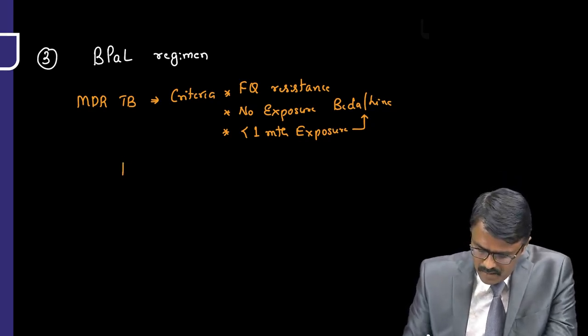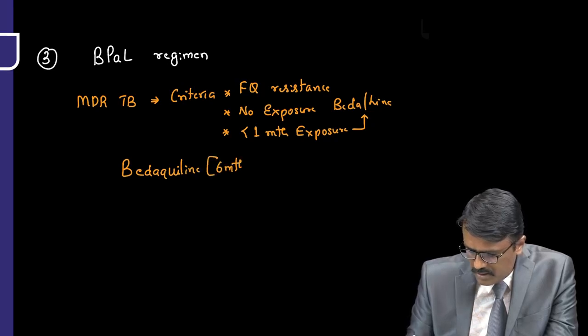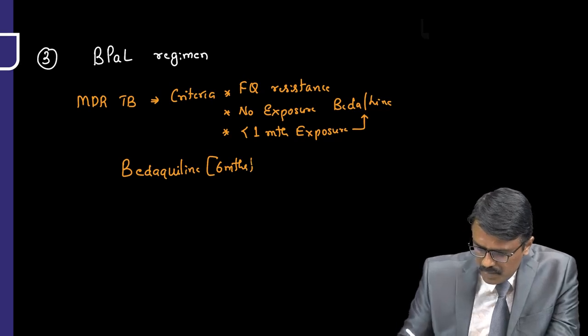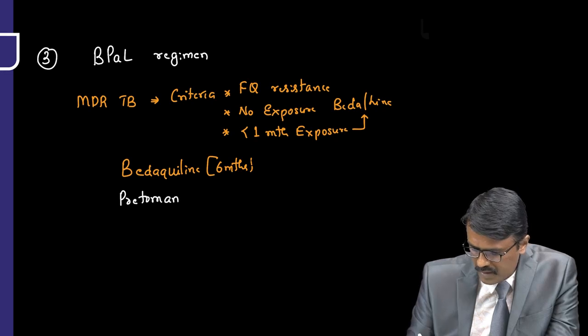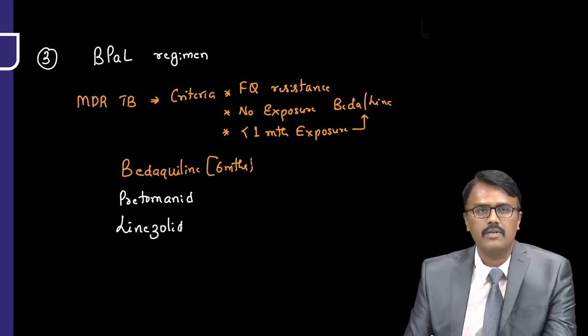Now in the BPAL regimen, the B stands for bedaquiline. Remember, bedaquiline you should use only for 6 months. P stands for pretomanid and L stands for linezolid.